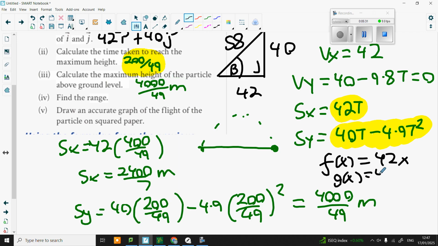You'll write g of x is 40x minus 4.9x squared. I want you to start at 0. I want you to end at, for argument's sake, 15. And I want you to do a step of 1. Do you know what I mean by that? Do 0, 1, 2, 3, 4, 5, 6, 7, 8.